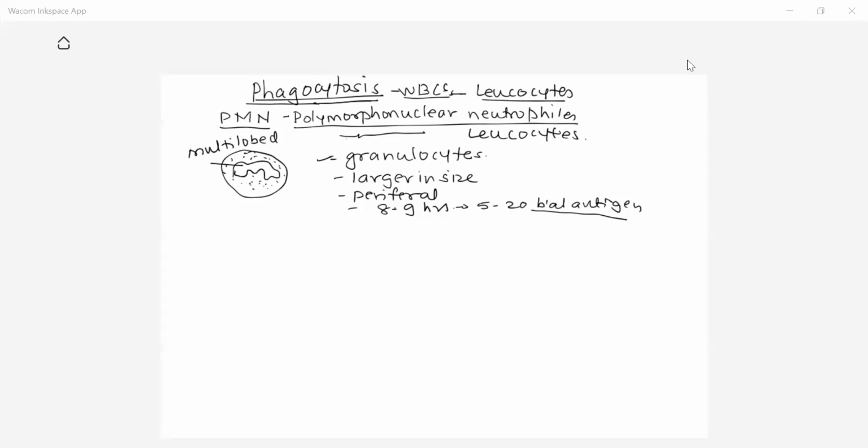Along with this, another second most important cell present in the blood is the mononuclear phagocytic cell. You should understand the difference between polymorphonuclear and mononuclear. In the case of mononuclear cells, the nucleus is kidney shaped. It is not a multi-lobed nucleus.